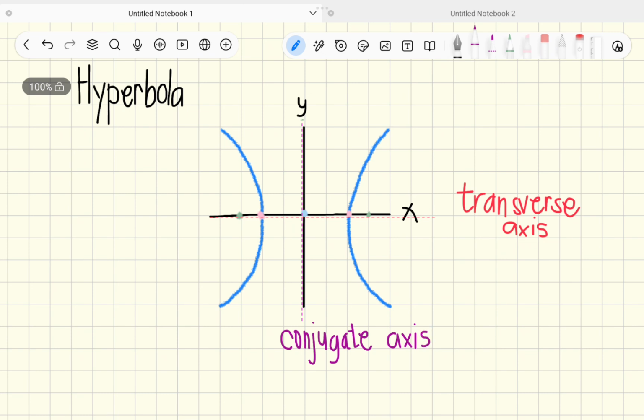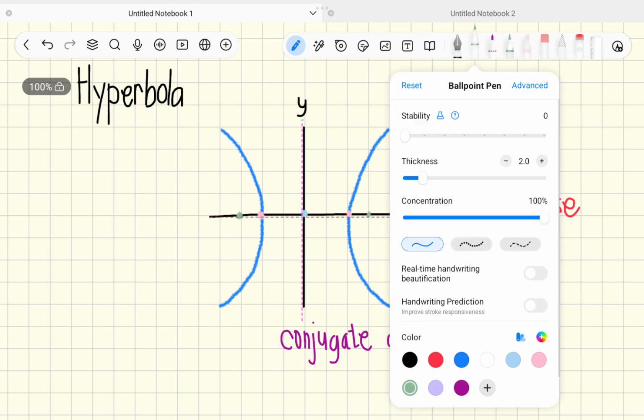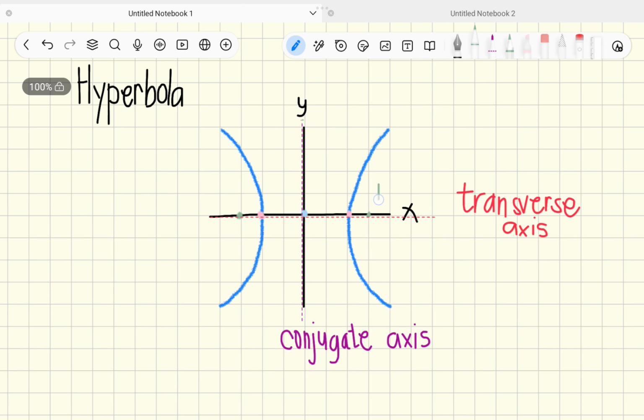Also, let me rename. So this is your focus. We have focus 1, focus 2. We have vertex 1, vertex 2. Then you have your center, the point in the middle.